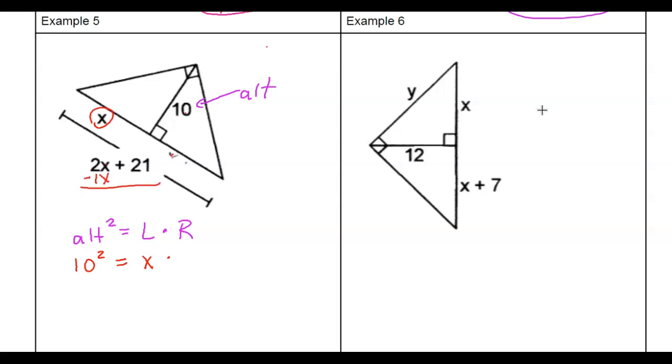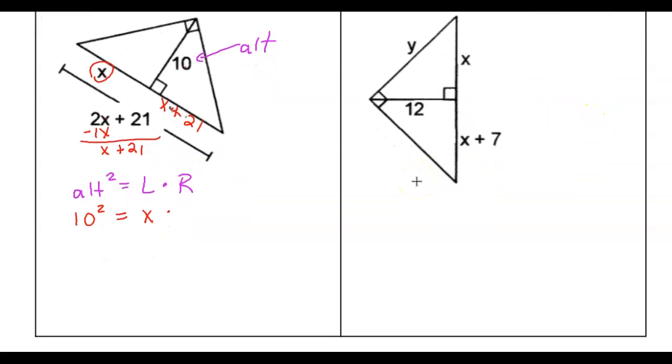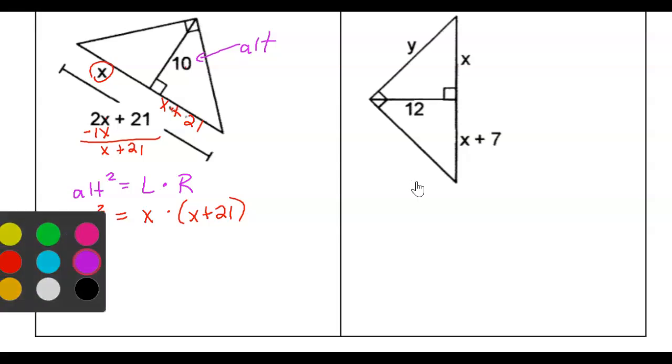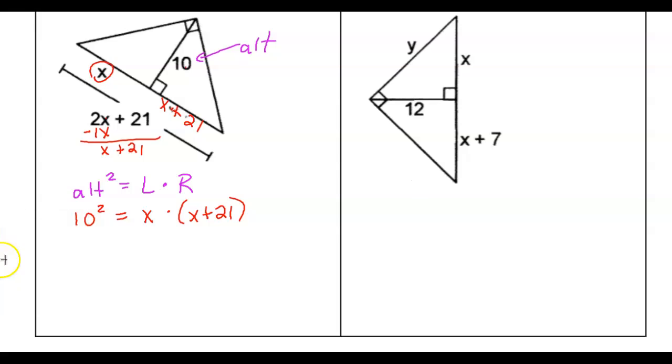So if we take off 1x, I get x plus 21, and that's how much the right is. Okay, this is pretty challenging. So it's x times and then x plus 21. Anytime you have two terms together, I always put them in parentheses. So 10 squared is 100. And then we do need to distribute x times x times 21.